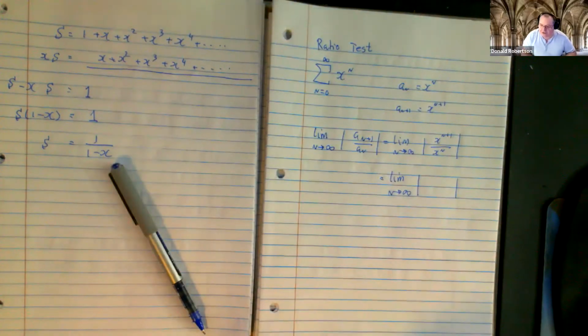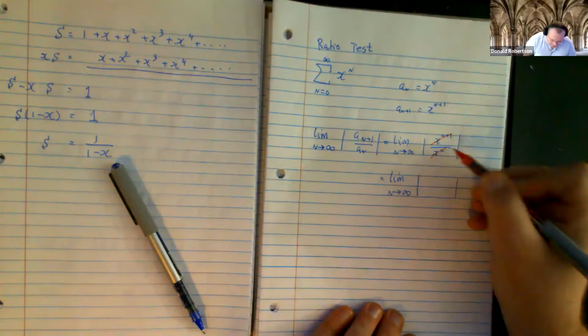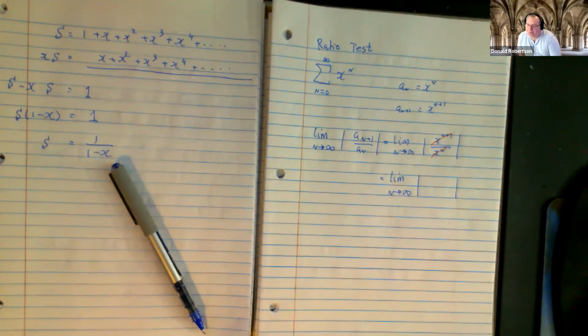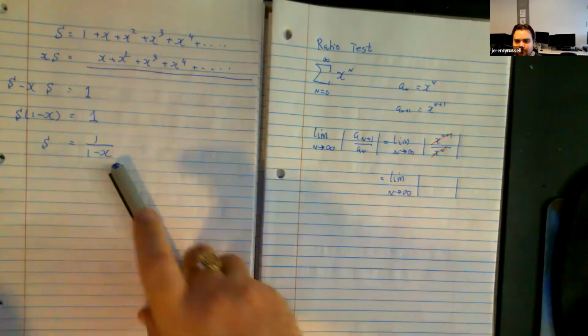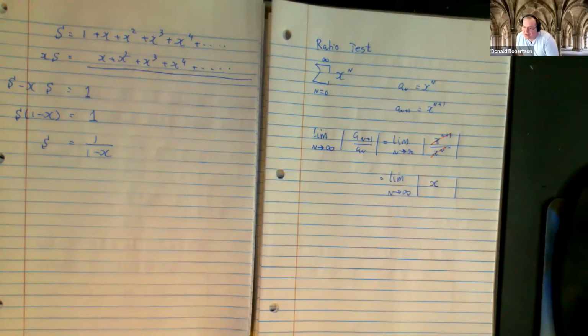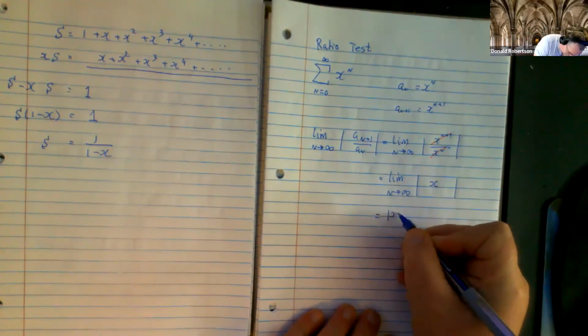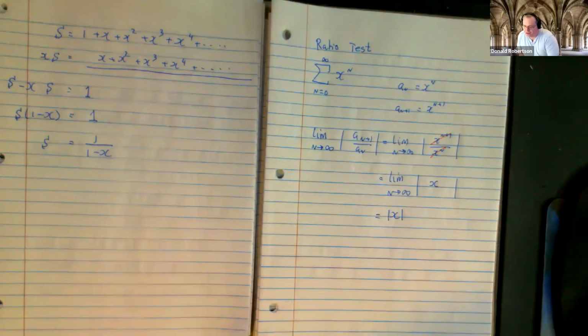Do you notice that these two cancel out really well? What happens if you take this and cancel it with that? What is left? x. Just x. So far, so good? Now, by the way, isn't this answer then just going to be the absolute value of x, because there are no n's in it?